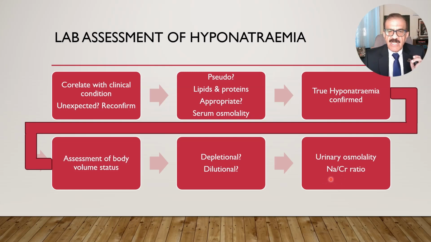So if you measure urinary sodium and creatinine, that will correct for the urinary concentration, and that will give you a better view about the urinary osmolality. So this is how we go, and I think it might look easy, but in some situations, differential diagnosis of hyponatremia is very difficult.